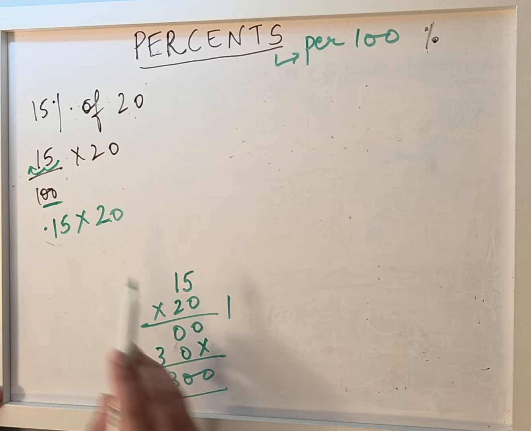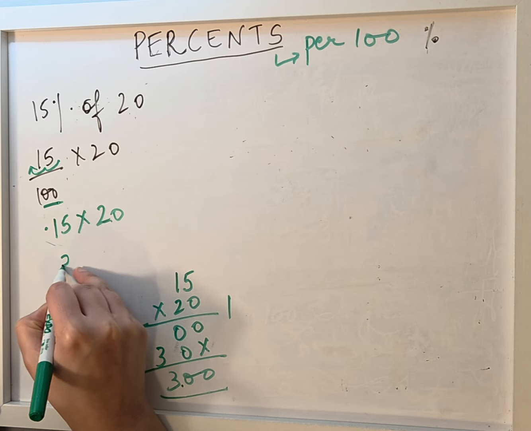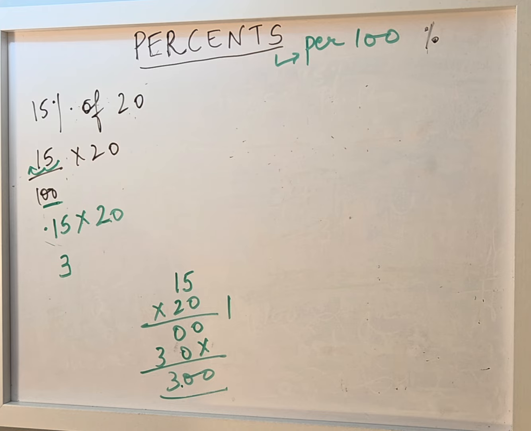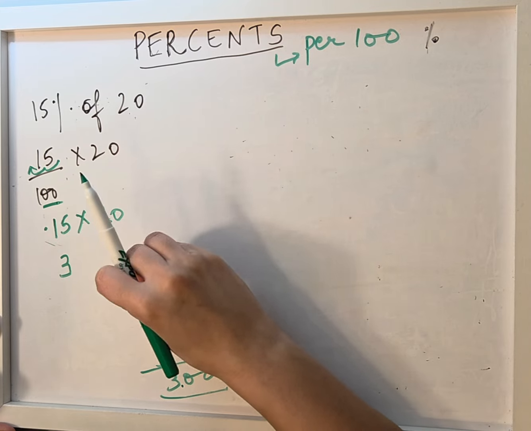We had 1 and 2, so we put a decimal here. The zeros trailing after the decimal don't make a difference to the value. So we get the value as 3. This is one other way to solve similar problems.